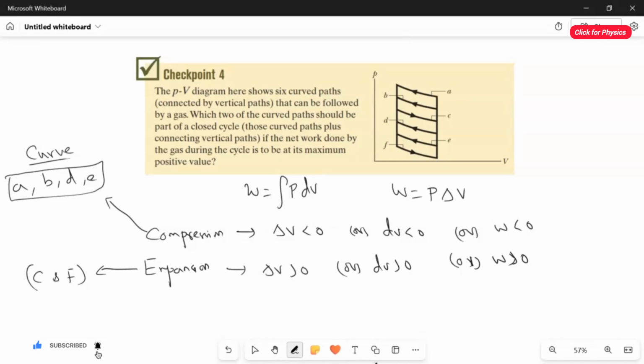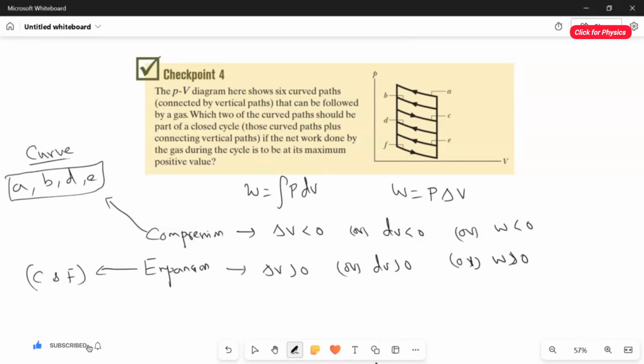And let's see the F curve, and it forms the maximum area. The maximum area will give the maximum work. But the concept here is that it is in the counterclockwise direction, and in the counterclockwise direction your work done is negative. So the curve A and curve F, even though they have the greater area, the answer is a negative value. Why? Because the cycle direction is counterclockwise.